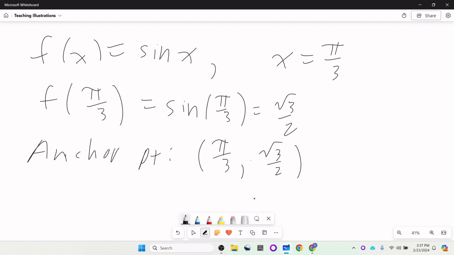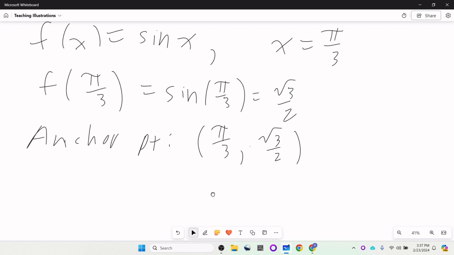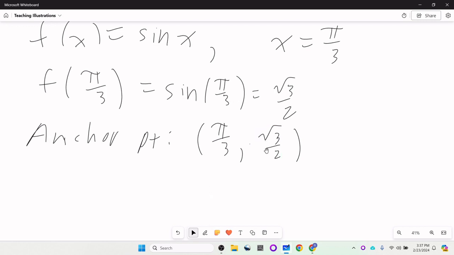So we know one point for sure, but what if we start moving away from there? Well, we think that sine probably doesn't just jump hugely. If we pick x close to pi over 3, y is probably close to root 3 over 2, but it would be helpful if we know how fast it's rising as we go away. And so what we can do is take a first derivative.